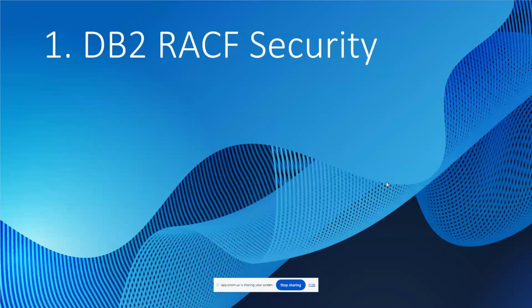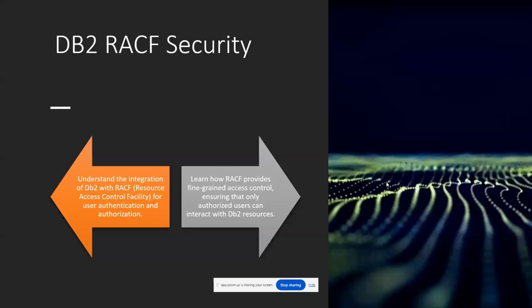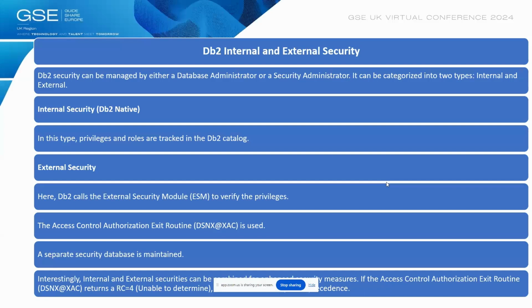Let's go to the Db2 backup security. The important thing is to understand the integration of Db2 with RACF, used for user authentication and authorization, and how RACF provides access control, which ensures that only authorized users can interact with specific Db2 resources.